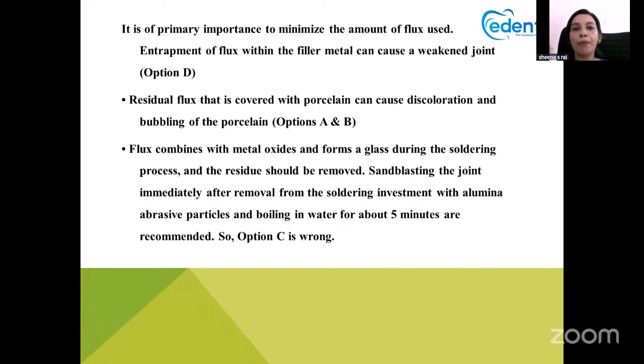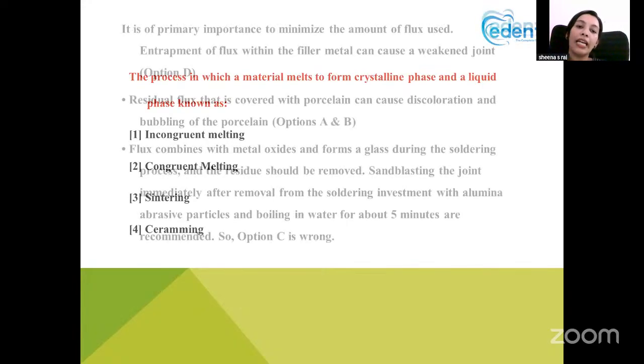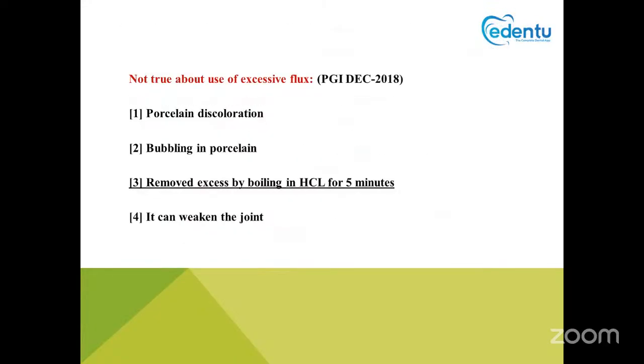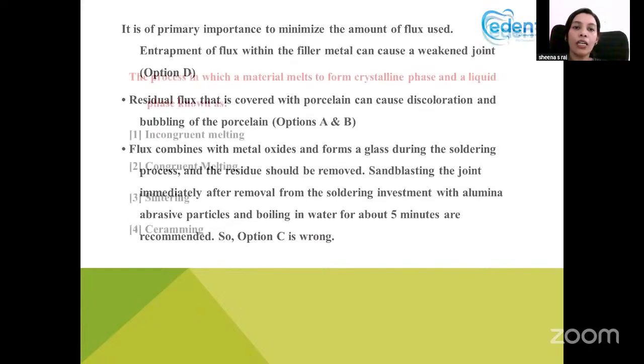We remove the excess flux by sandblasting using alumina abrasives, and boiling in water for 5 minutes. The option of removal of the excess by boiling in hydrochloric acid is the wrong answer. Discoloration is seen, bubbling of the porcelain is seen, and it can weaken the joint. But removal by boiling in acid, no. We use a sandblasting process with alumina. That is the answer for the question.